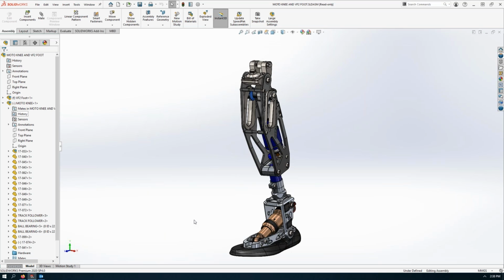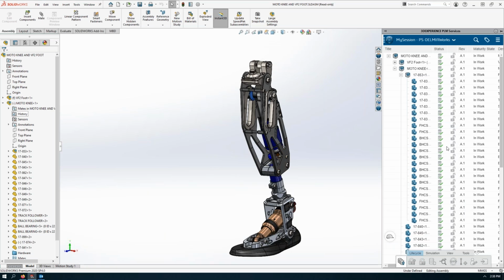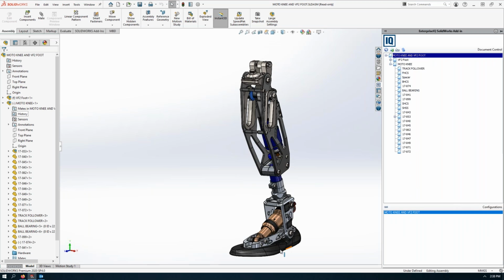So in SolidWorks here, I used the 3DEXPERIENCE platform, the connector that we have that allows me to interact with the files directly. But in the context of DELMIAworks, there is a connector that goes directly into that.